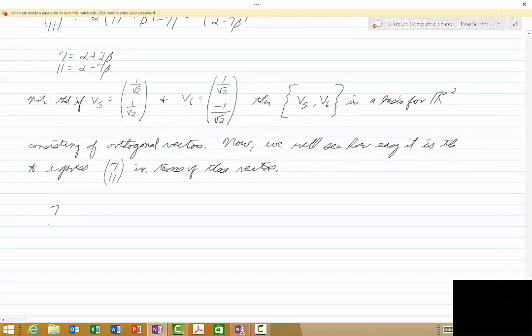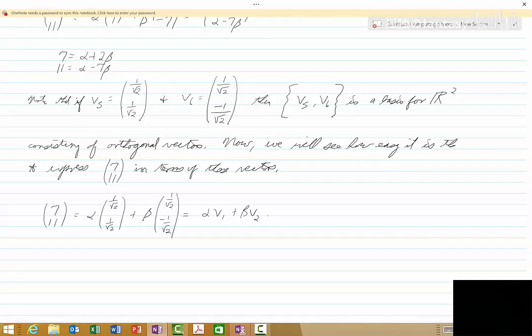Okay, so we have 7, 11 is equal to alpha times 1 over square root of 2, 1 over square root of 2, plus beta times 1 over square root of 2, minus 1 over square root of 2. Or we could also write alpha v5 plus beta v6. Now, instead of expanding this and getting a system of equations as before, we're going to do something smarter.